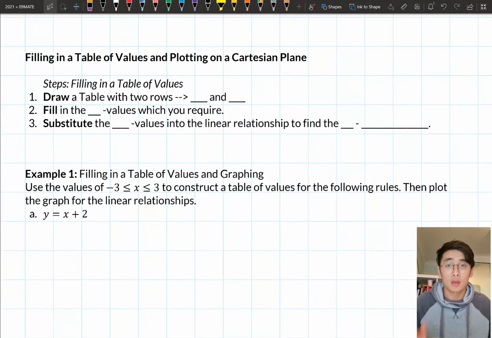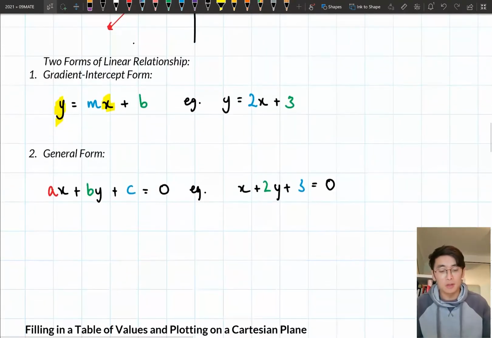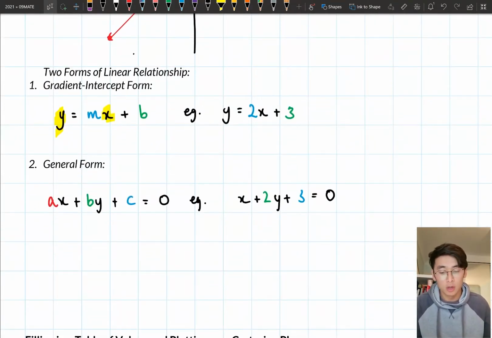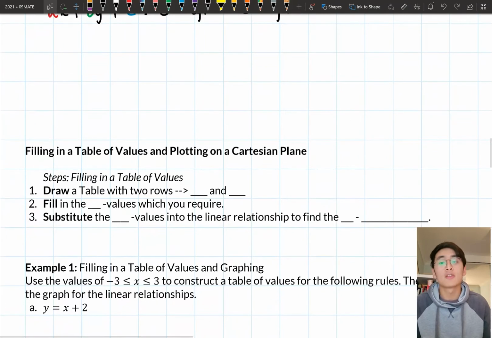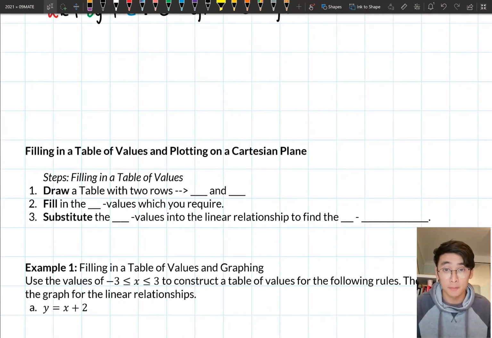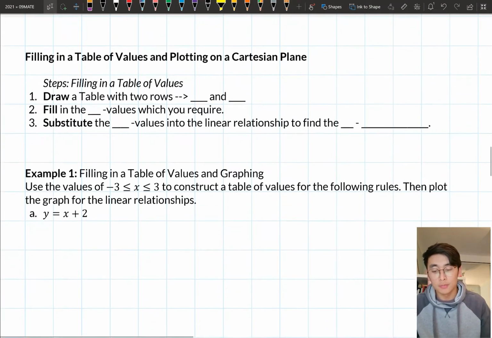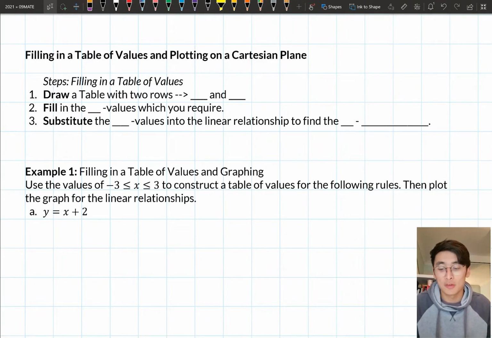So whenever you get given a rule like y = mx + b, so y = 2x + 3, or in general form, x + 2y + 3 = 0, what you want to do is create a table of values so that you can plot this on a Cartesian plane. So the first step is you fill in your table of values.